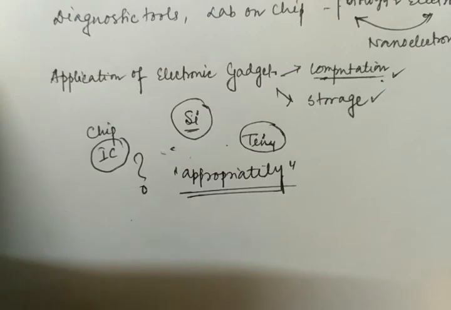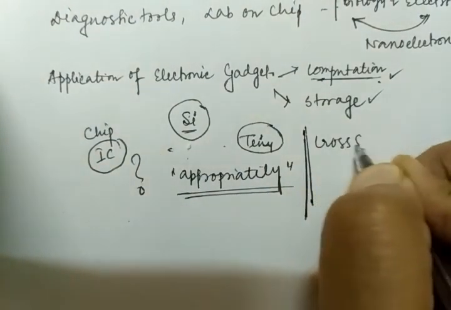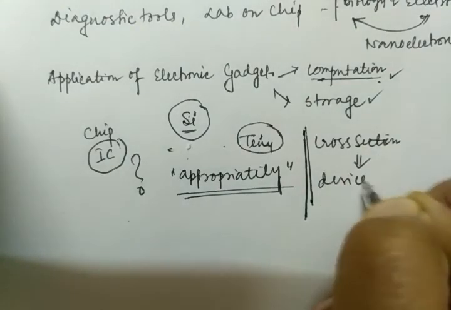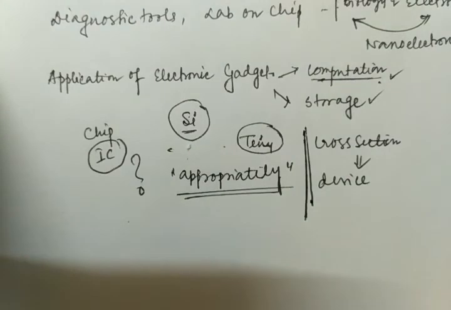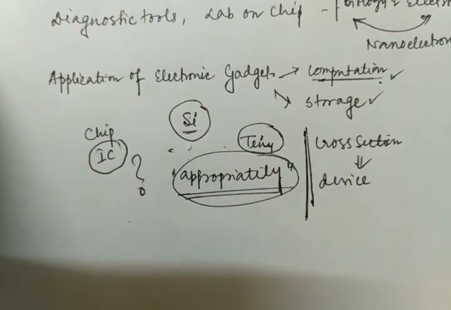I am again repeating, if we see the cross section of any device, we will see that billions of transistors are connected appropriately with proper metal interconnection lines.